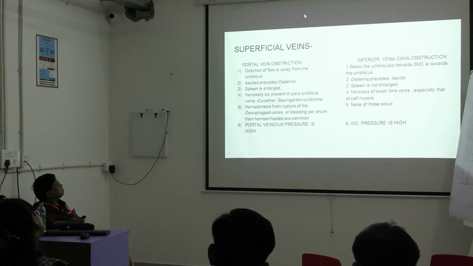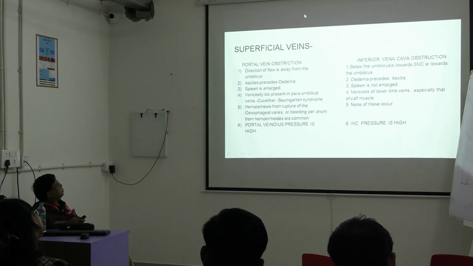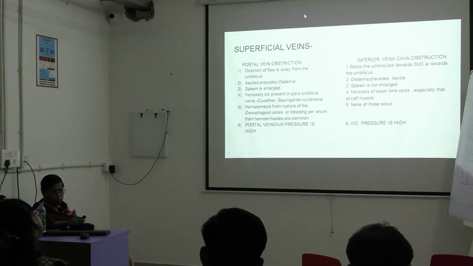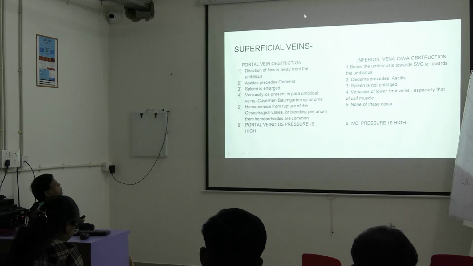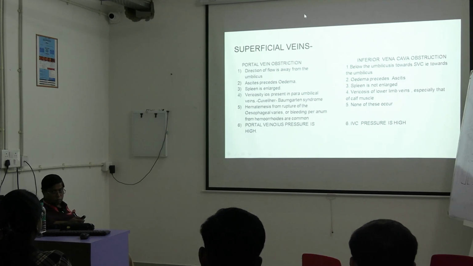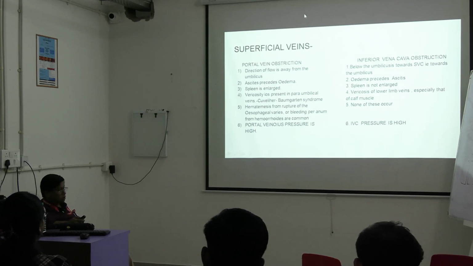Varicosity is present in the paraumbilical veins. As I have told you, in portal hypertension or cirrhosis of liver, if it is very long-standing and the veins are very much engorged, with very high portal hypertension, the paraumbilical veins may become enlarged and varicosed.